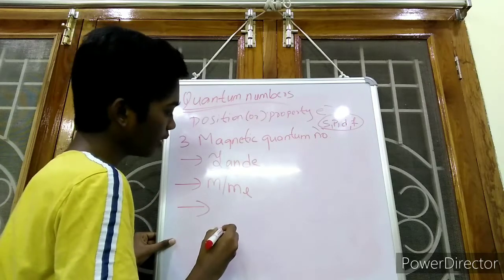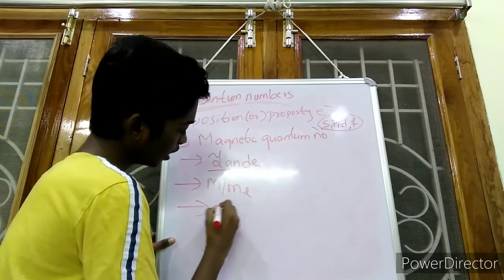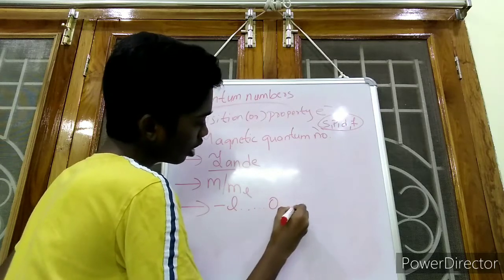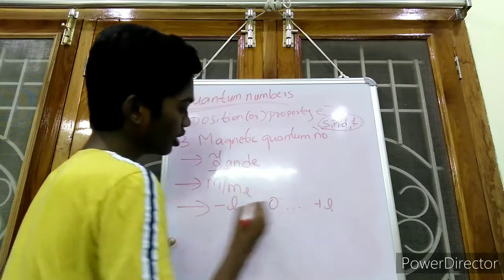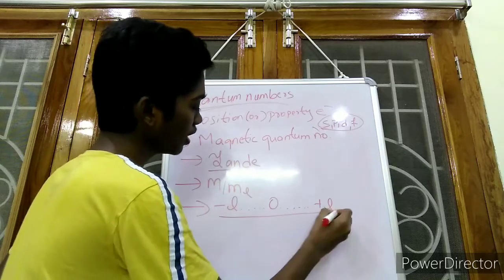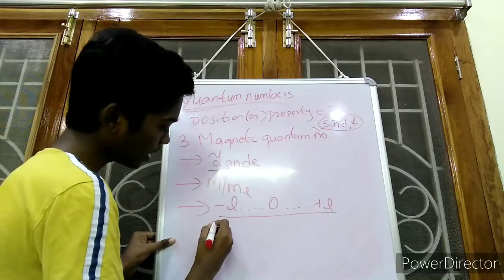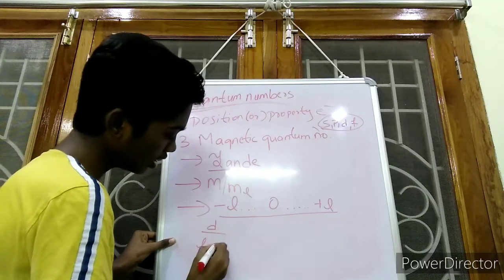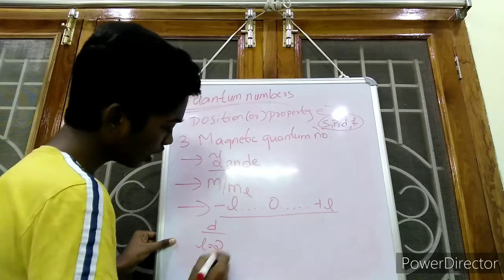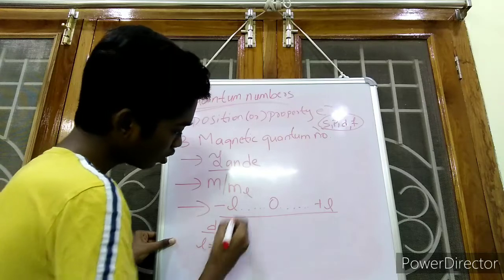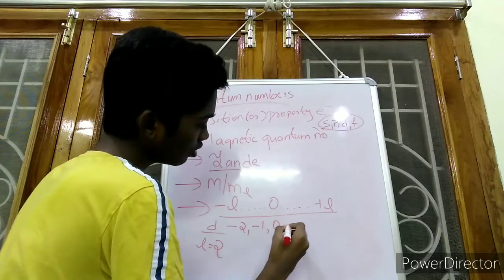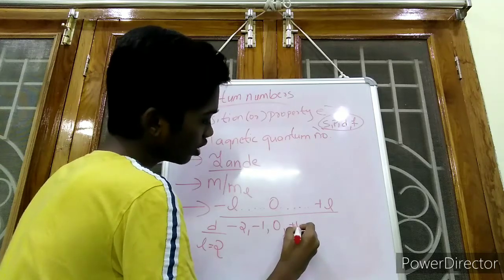The magnetic quantum number takes values from minus l, and so on up to 0, and so on up to plus l. If we take subshell d, we know that the value of l for subshell d is 2. We can write this as minus 2, minus 1, 0, plus 1, plus 2.